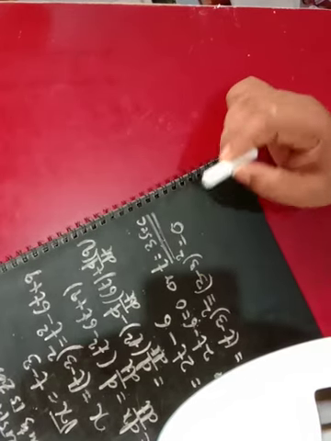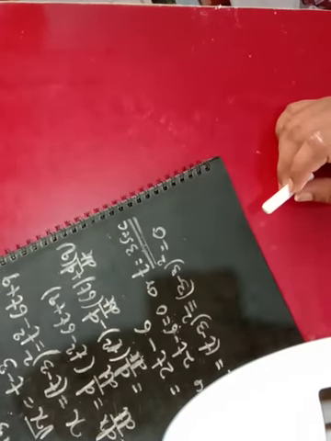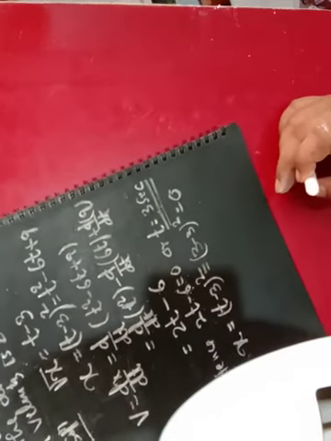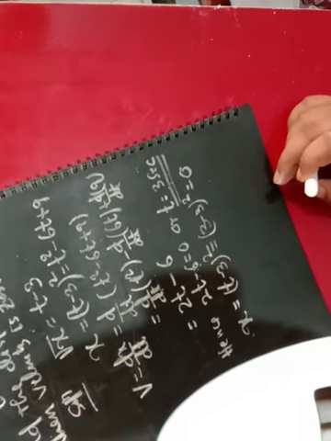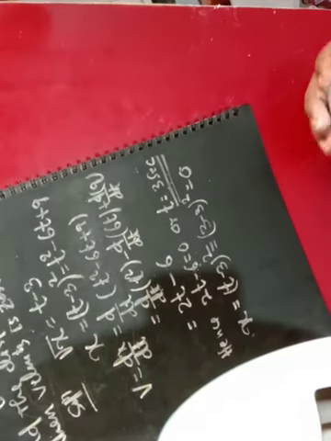So the displacement is 0 when the velocity is also 0. And this takes place at t equal to 3 seconds.